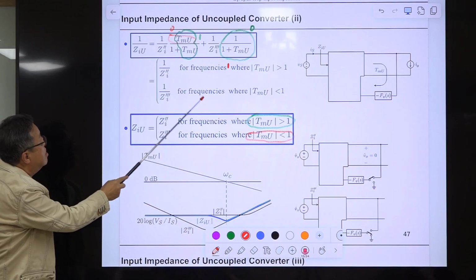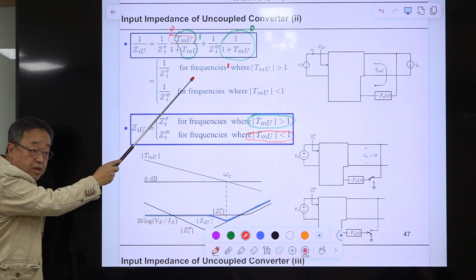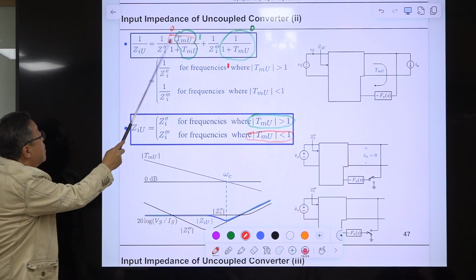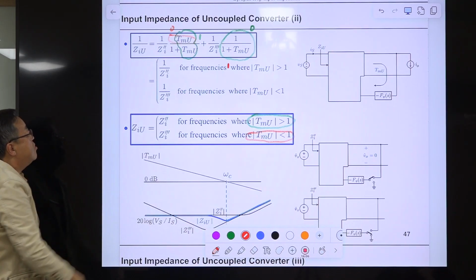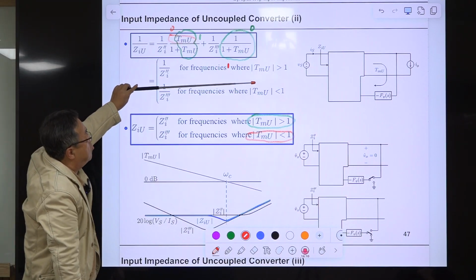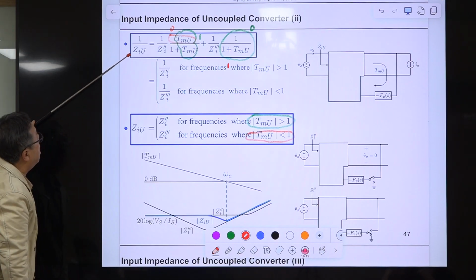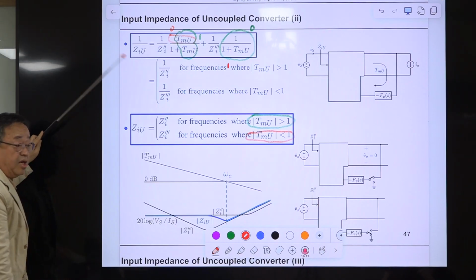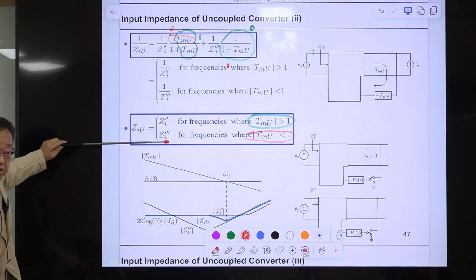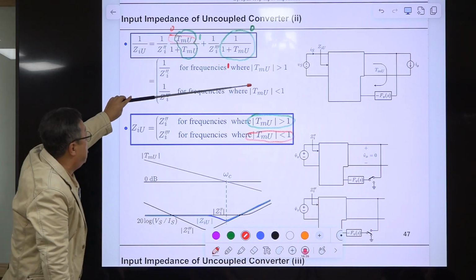We assumed this is 0. Then this is very large, then this becomes 1. This is L'Hopital's rule, something like that. So 1. Remaining is this one. So below the loop gain crossover frequency, 1 over GIU becomes 1 over GI double prime. So the output nullified input impedance is valid at these frequencies.